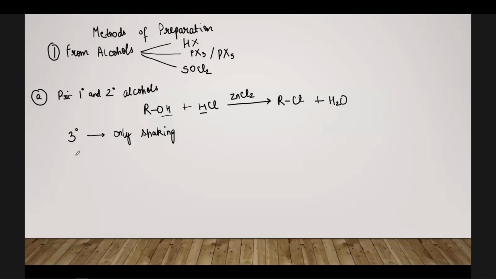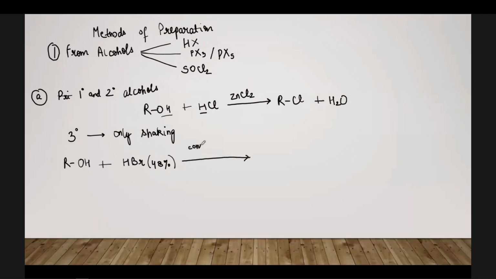So the alkyl bromide reaction, it gives ROH. We need the halogen acid and this halogen acid is 48%. This is 48%.